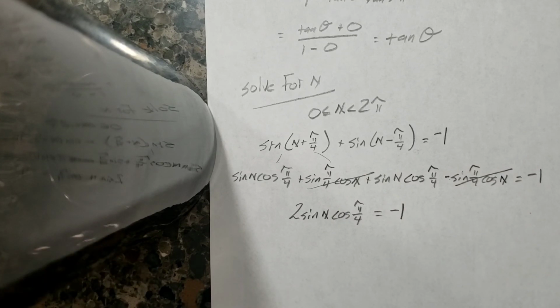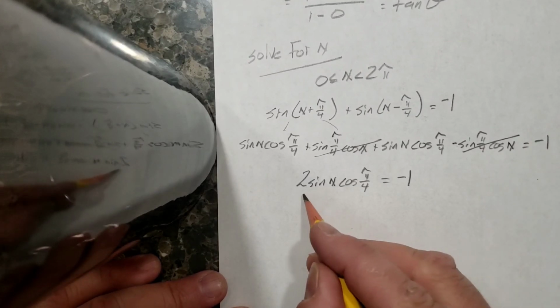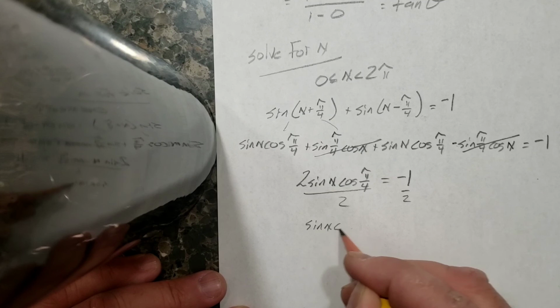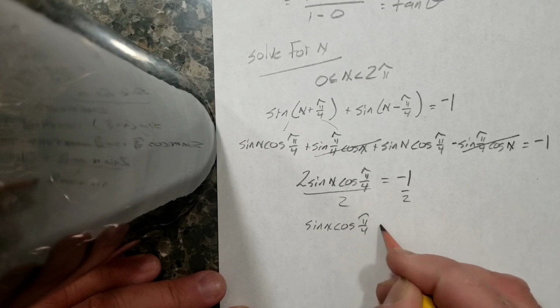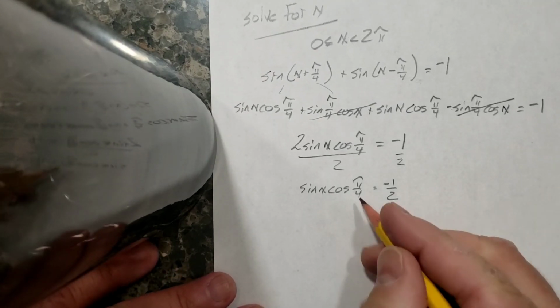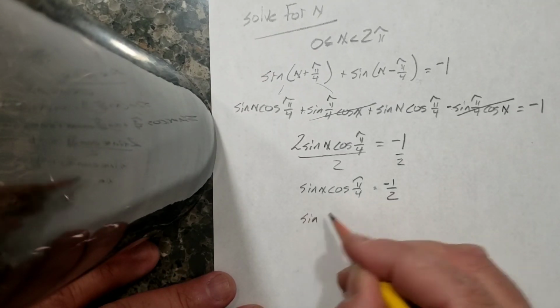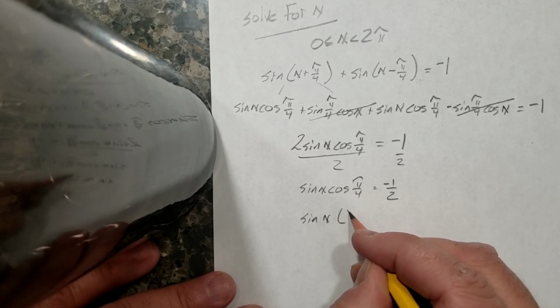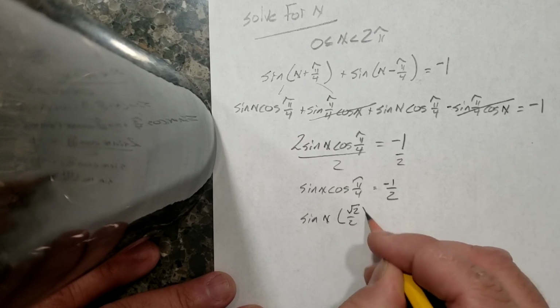And now what we're doing is we're substituting in values that we know and solving the equation. First, I'm going to divide everything by 2. Sine x cosine pi over 4 equals -1 over 2. Okay? And then we know cosine pi over 4 is radical 2 over 2.